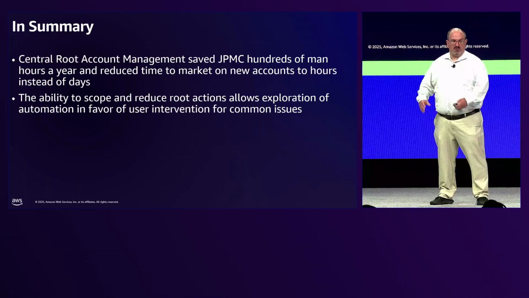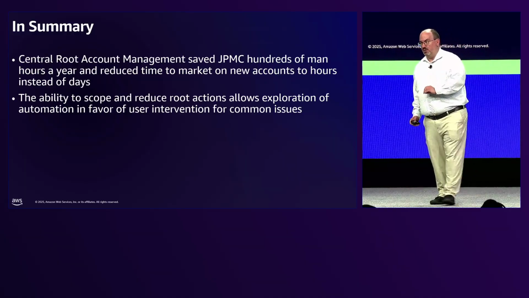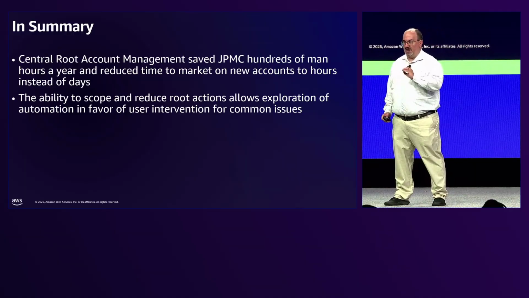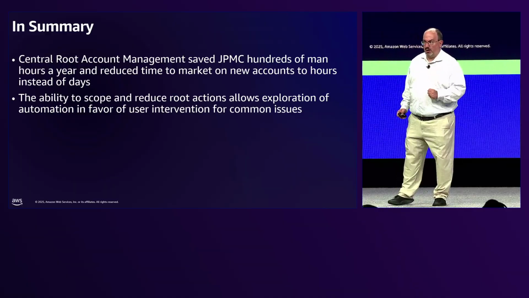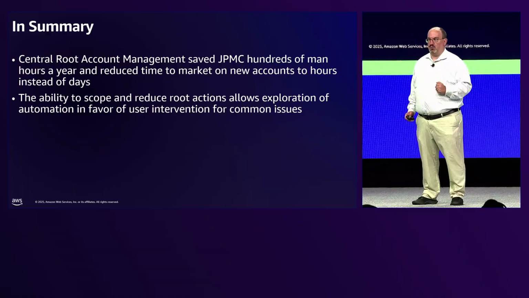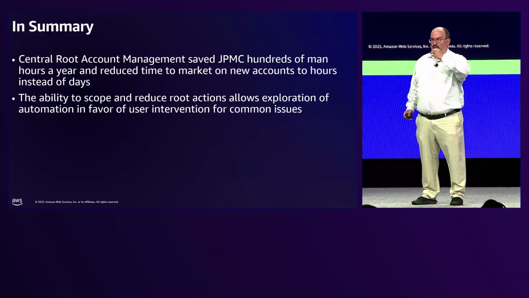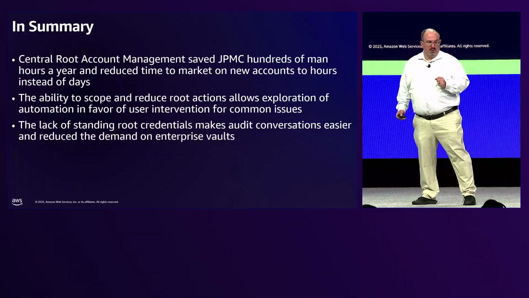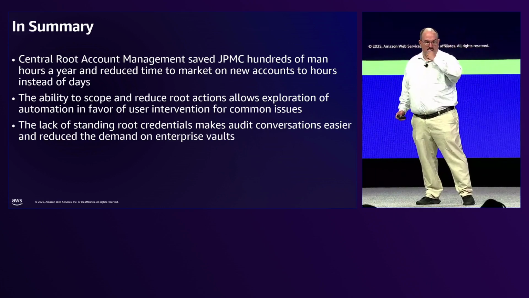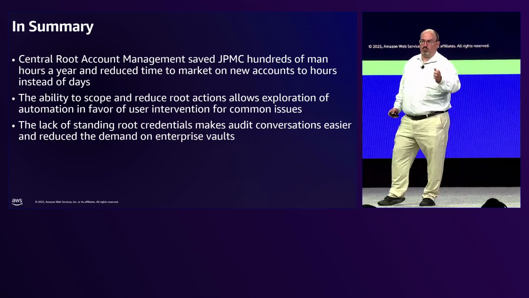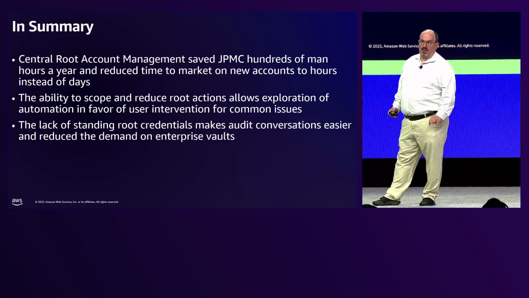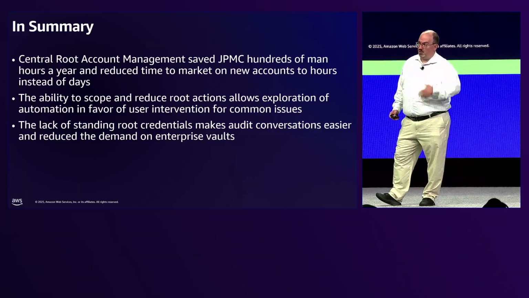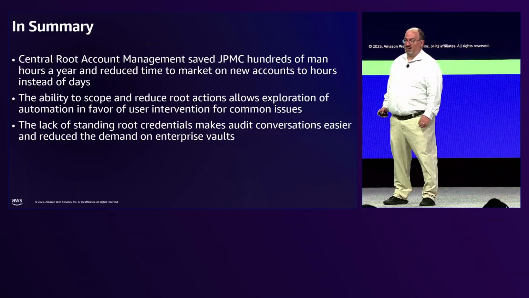The ability to scope and reduce these root credentials is really powerful. Khaled talked about audit. It's very easy to now have a conversation with your auditor to say, how are you protecting root for this particular account? Well, I don't need to because it no longer exists. Root is just not there, and I use the central wizard. And it also helps with managing cost allocations on your enterprise vaults, right? You have a lot fewer credentials you need to vault and maintain.